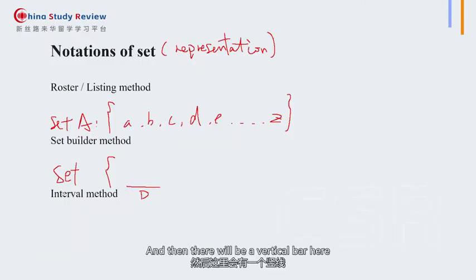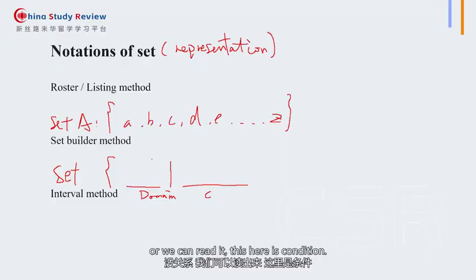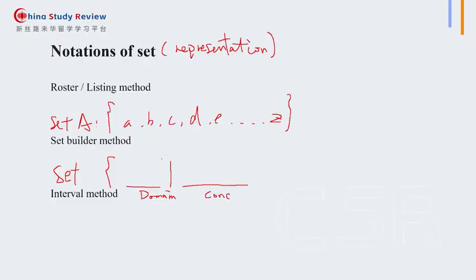Then there is a vertical bar to show the separation of the domain, and here is where we write the conditions. The domain is a little small, I hope you can read it. This here is the condition. So what does this mean?